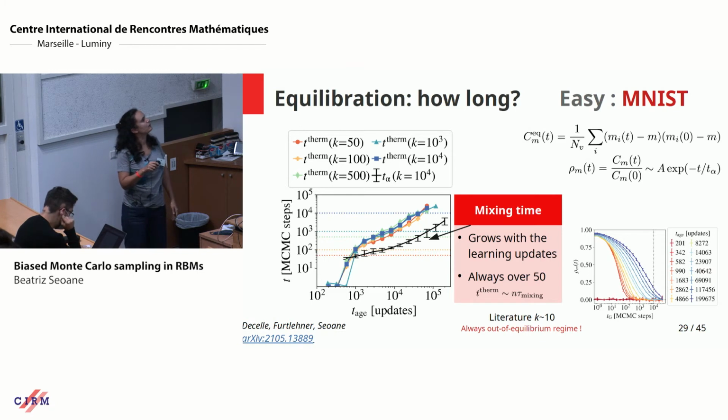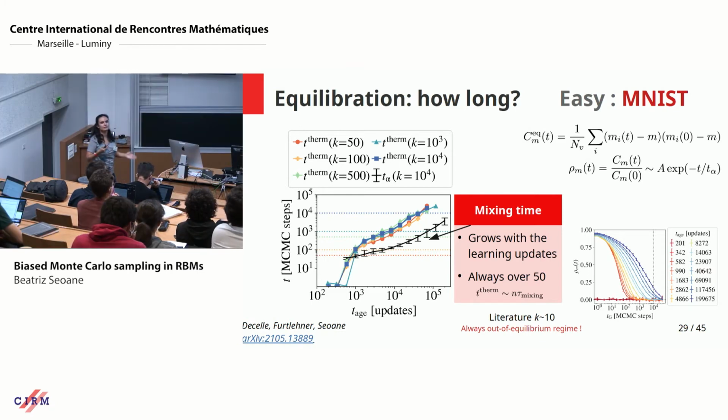In parallel, we also tried to estimate the thermalization time, for instance, doing samplings starting from two very distinct configurations and seeing when we converge to the equilibrium. We can see that this scales with the mixing time, but at higher values. This is thermalization starting from random; starting from the dataset, or with a PTD, it wouldn't be that long, but at least we know that we have to be longer than the mixing time.